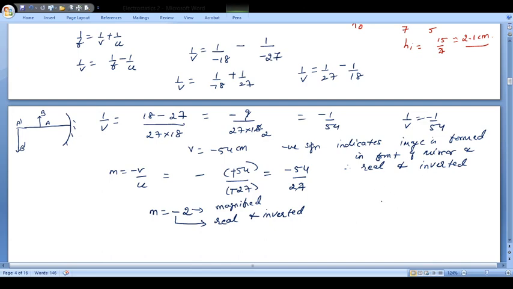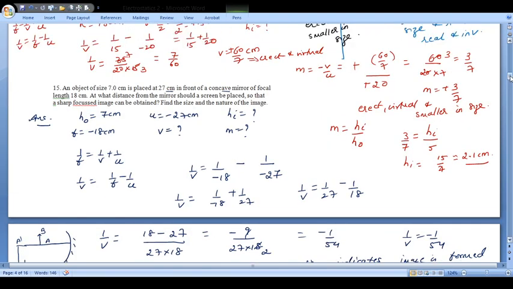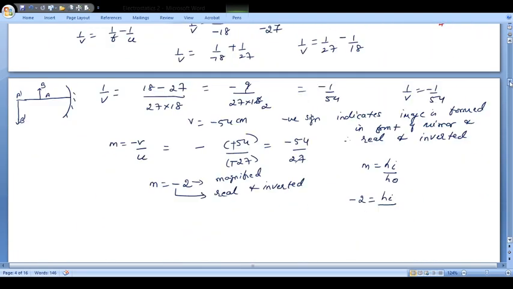Now they are asking you the height of the image. So we know that magnification is height of the image upon height of the object. So this can be written as magnification, you got it as minus 2. So minus 2 is equal to height of image upon height of object. And what was the height of the object which was given here? 7 centimeters. So this is plus 7.